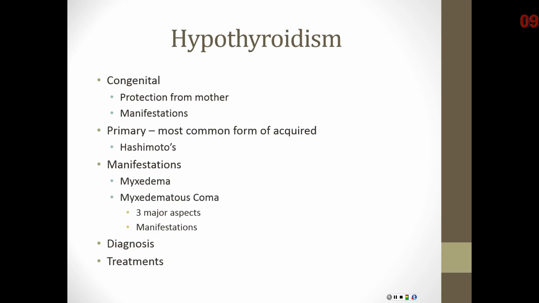However, it's important to point out that if the mother is normal, then even though the fetus may never have developed the thyroid gland or may have some abnormality with it, the T3 and T4 do cross the placenta, and therefore the mother's levels of T3 and T4 provide ample protection or development for the infant or fetus.